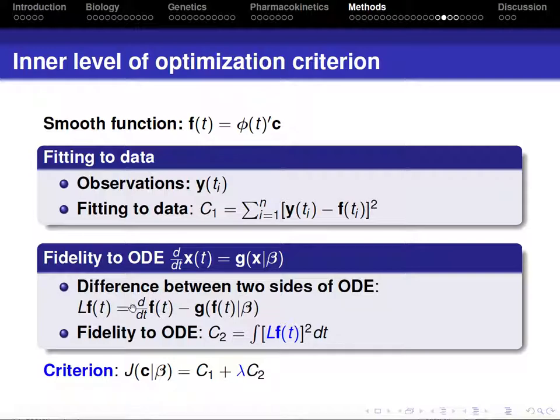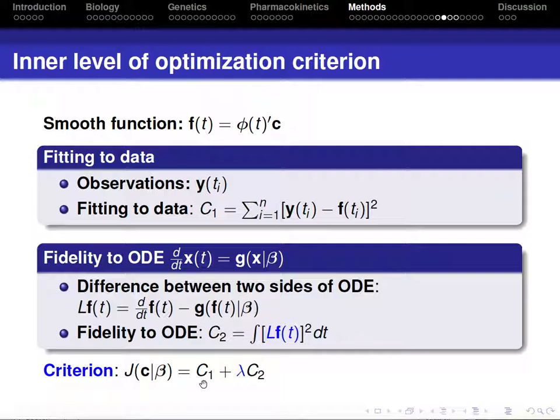In other words, this is also a function of the basis coefficients. Here, we will try to minimize the difference between the left side and right side of the ODEs. We define the fidelity of the smooth function f of t to the ODE by this integrated squared difference. You can imagine if this term is exactly equal to 0, it means f of t is exactly the ODE solution.